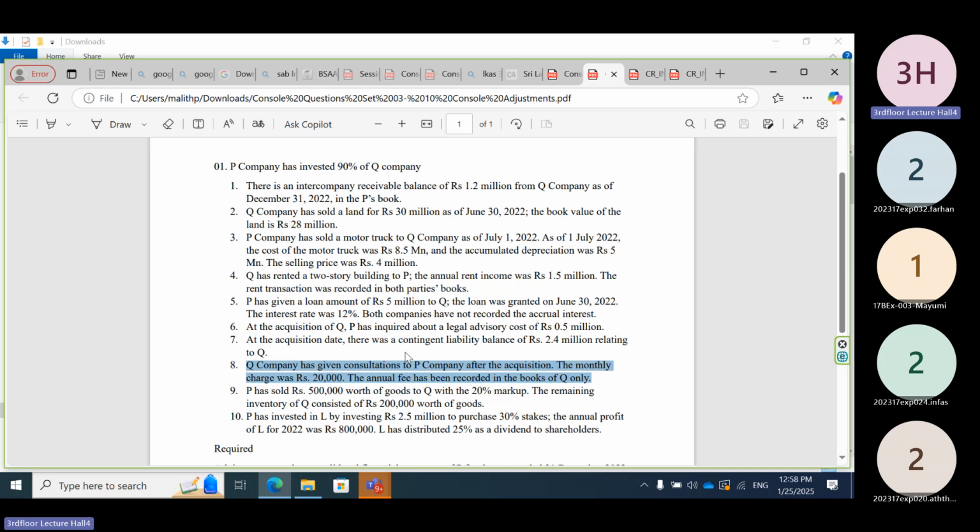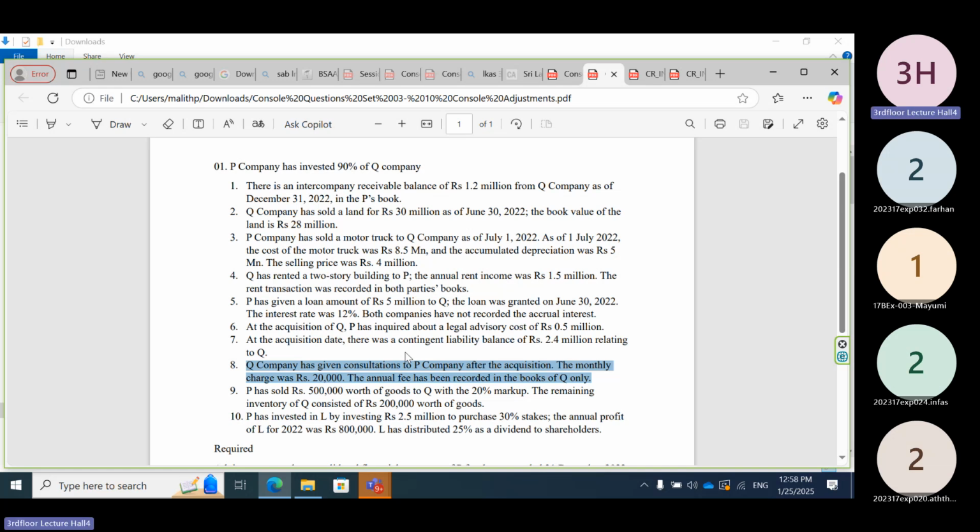But again, a step ahead. In the normal scenario, within a group of companies, there may be intercompany sales. It means a subsidiary can sell items to the parent. The parent can sell to the subsidiary. An associate company can sell to a subsidiary, or the subsidiary can sell to the associate. The associate can sell to the parent.